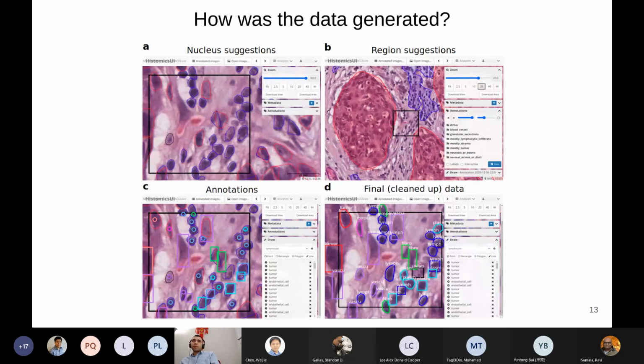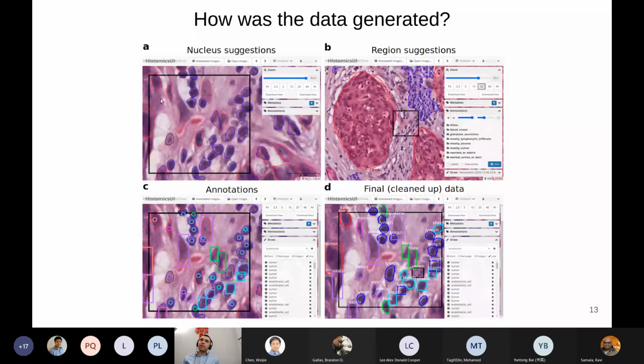So the way people collected data is we showed them suggestions. We have a platform called the Digital Slide Archive. Basically, we had a weak algorithm that generates nucleus suggestions. We call them bootstrapped in the sense that it's self-starting. We don't have any annotations to produce these; they are produced using methods that don't require any data.